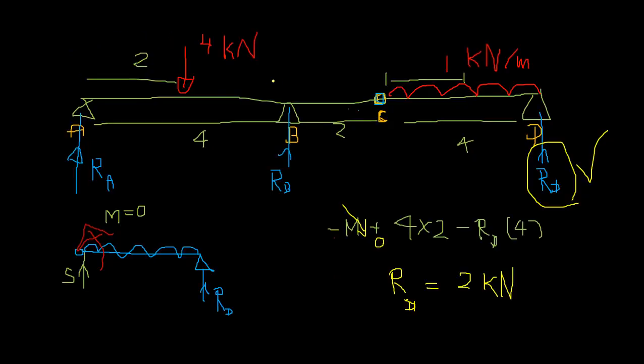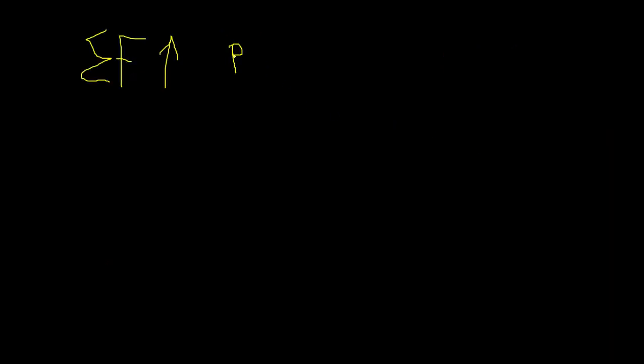So sigma F in vertical direction, right? So it is RA plus RB plus RD equals 4 plus 1 into 4, right?